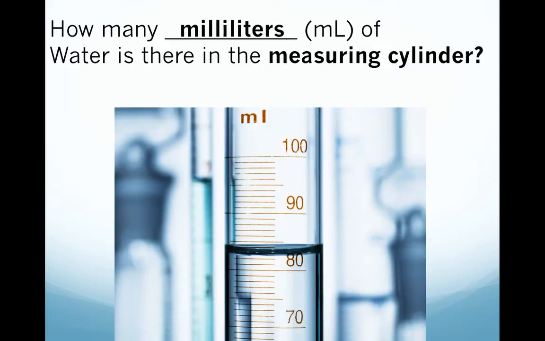How many milliliters of water is there in the measuring cylinder? 80, 81, 82, 83 milliliters of water. That is the volume of water in the measuring cylinder.